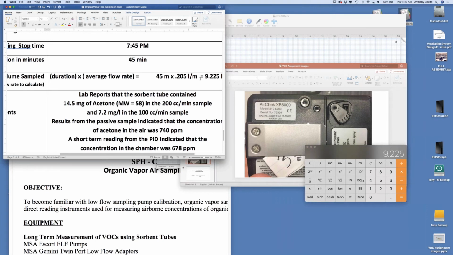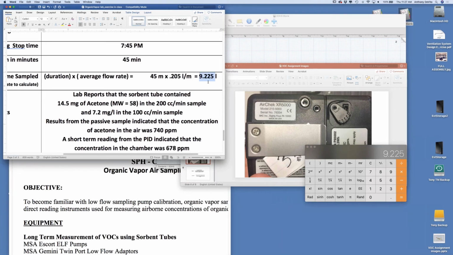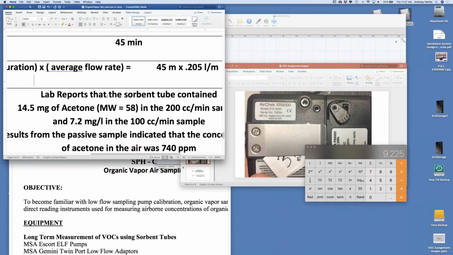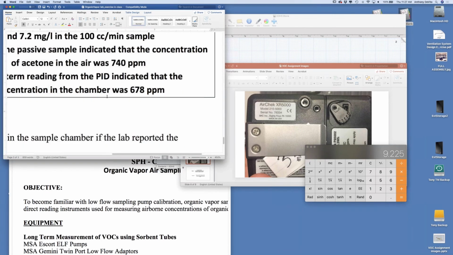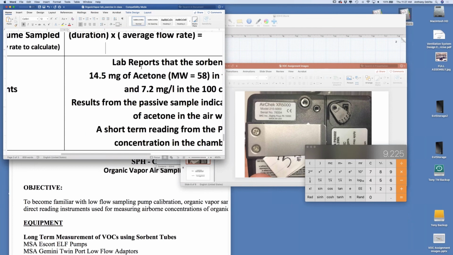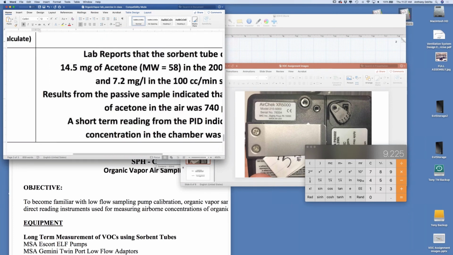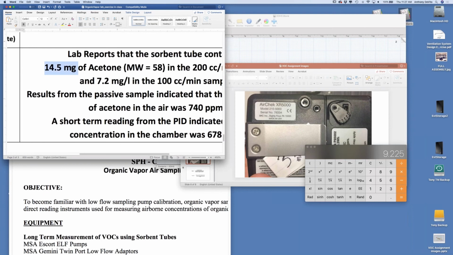We sent that sorbent tube, through which we pulled 9.225 liters of air, to a laboratory. The laboratory determined that there were 14.5 milligrams of acetone in that sample. We looked up and know that the molecular weight of acetone is 58. So now we need to convert that into milligrams per cubic meter.